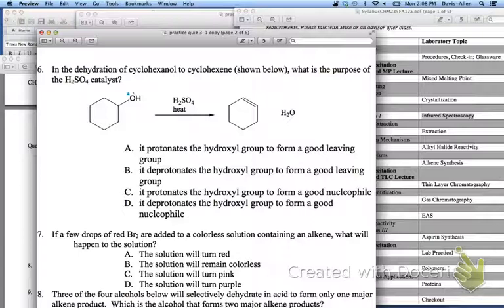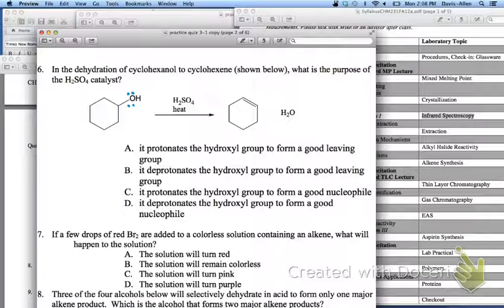You're right. Because it has the extra lone pairs. For it to act as a base, it has to have electrons to share with the hydrogen. So what's the very first step of this reaction? We add the acid. The acid protonates the alcohol. So now what we can go through and do is look at those choices and see if anything makes sense.